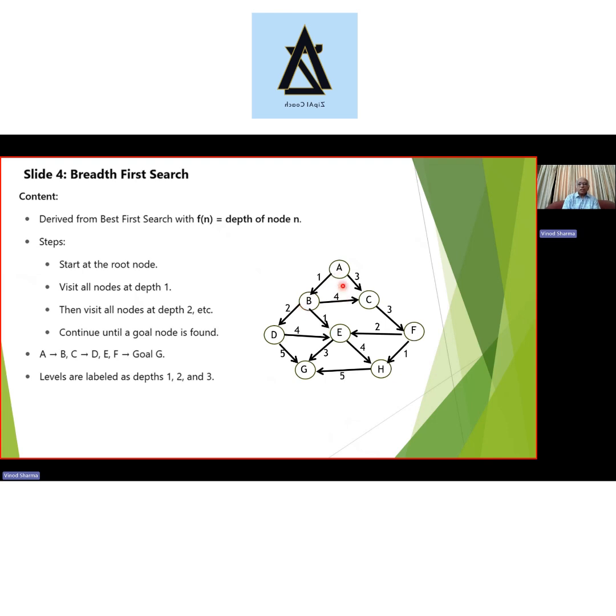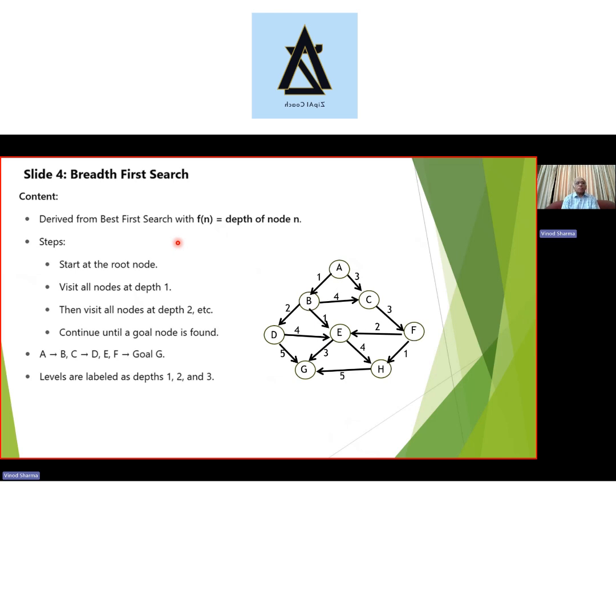So 2 actions. There's another possibility. You could have taken this, this, and this. So this way it will be 3 actions, but we define the depth equal to the minimum number of actions needed to go from the root node to that particular node. So f(n) for each node is going to be the depth of that node from A.